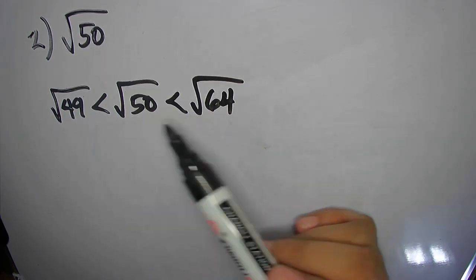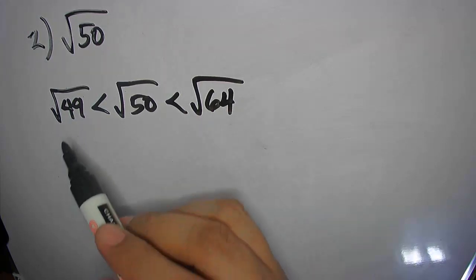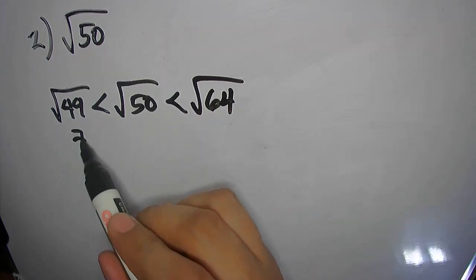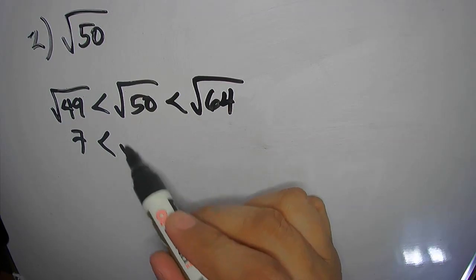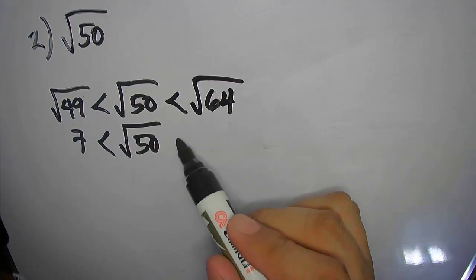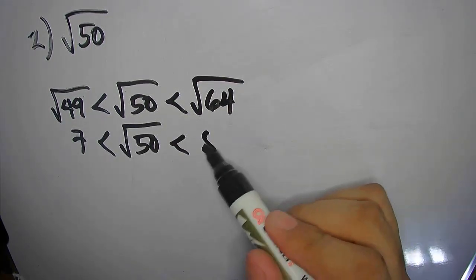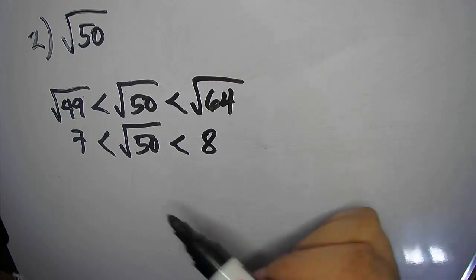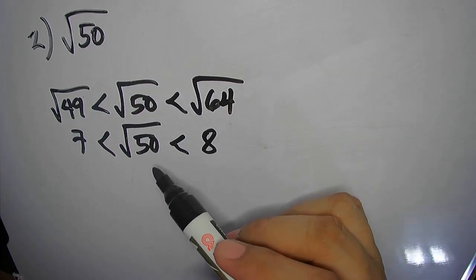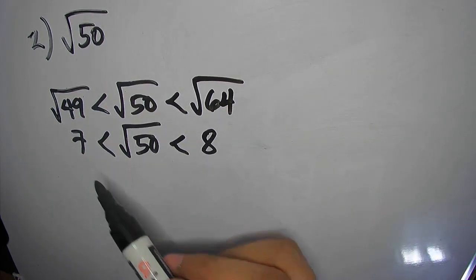So, we have a technique there, okay? Square root of 49, that's 7, is less than square root of 50, which is less than 8. So, the square root of 50 lies between 7 and 8.